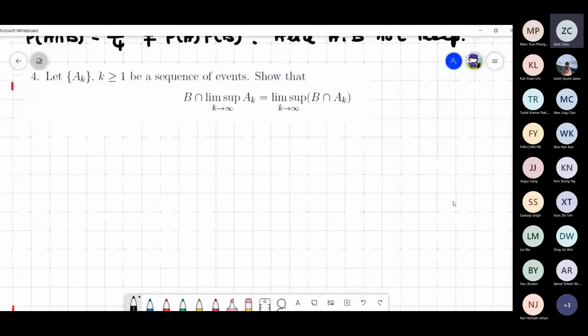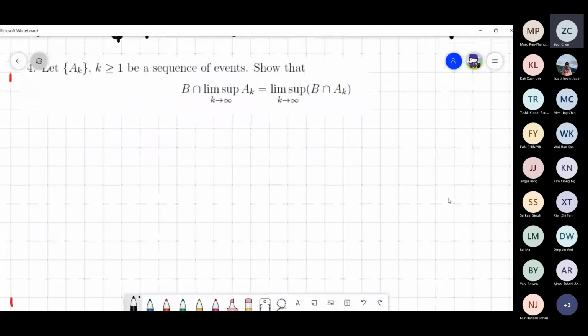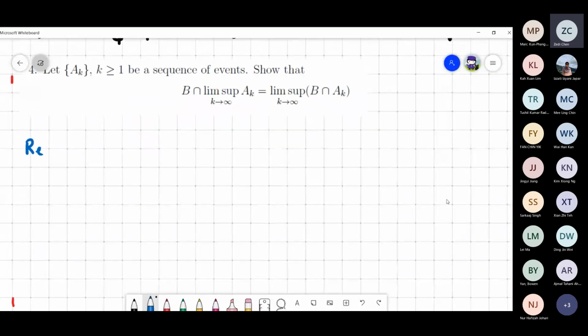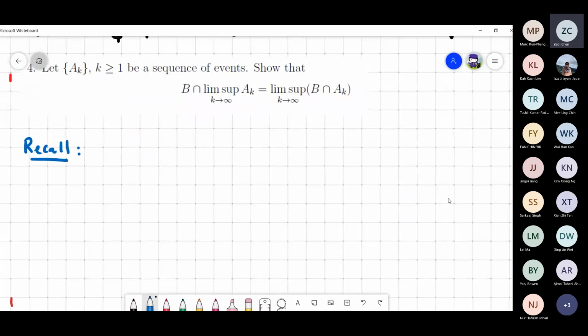To do this question, we just need to recall several identities, right? The first identity is the general identity for sets, the so-called distributive law.